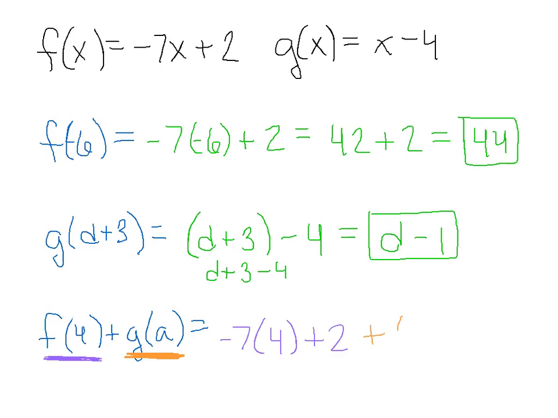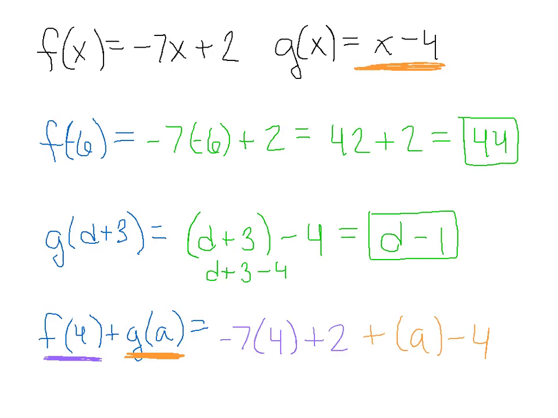So we're adding x minus 4 because that is my function up here. Every time I see an x value, that's going to be this right here because this is x minus 4, I'm going to plug in whatever's inside these parentheses. That's going to be a, so I'm going to plug in a.